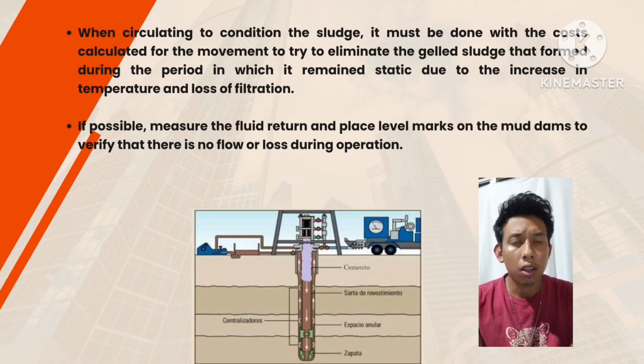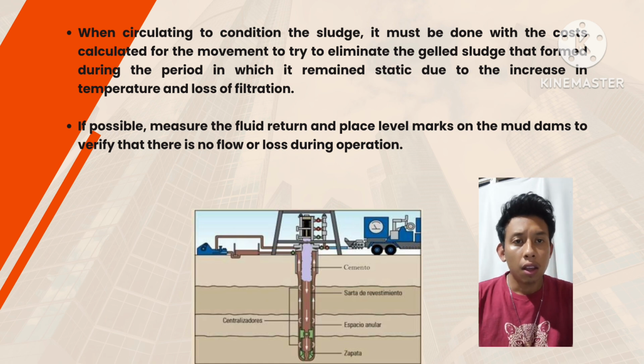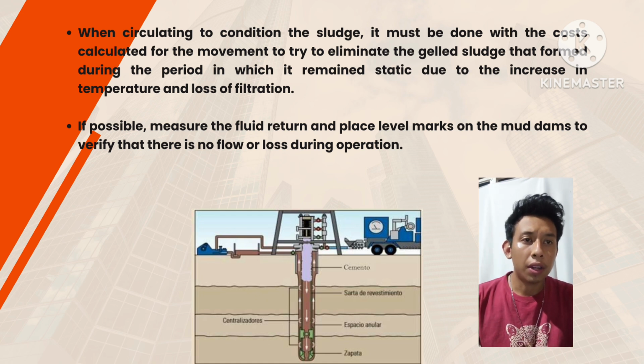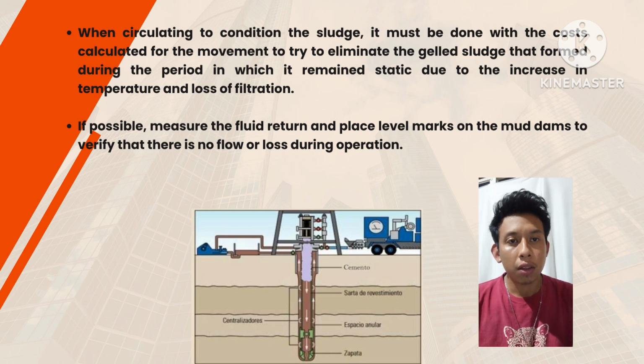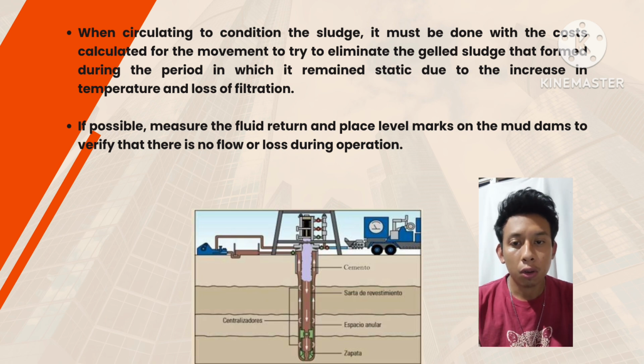When circulating to condition the mud, it must be done with the rate calculated for the movement, to try to eliminate the gelled mud that formed during the period in which it remained static due to the increase in temperature and loss of filtration.